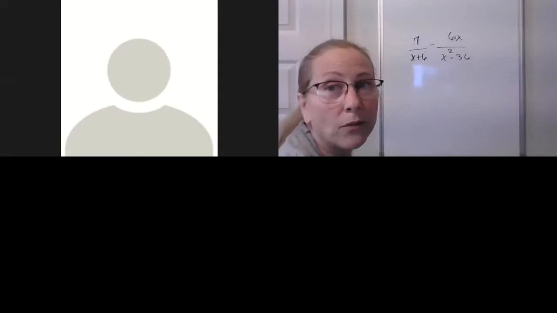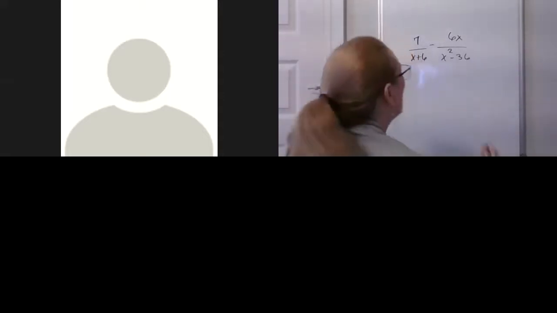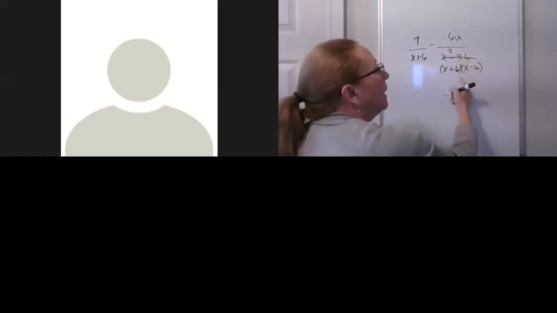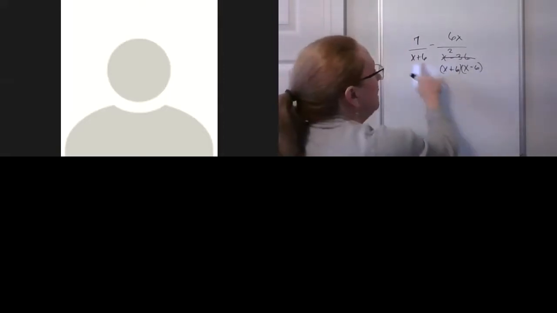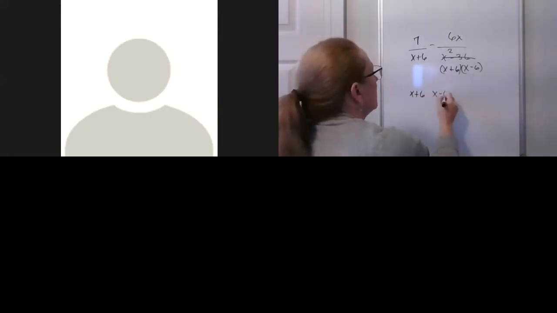So our first step, hi Sam, is always to factor. So this is x plus 6, x minus 6, because at this point we know this is a difference of 2 squares. It factors into our conjugates. We have a same factor. So our LCD, we have x plus 6, and we have an x minus 6.